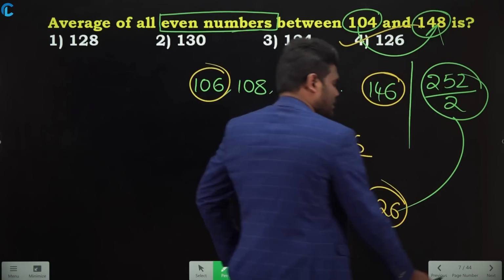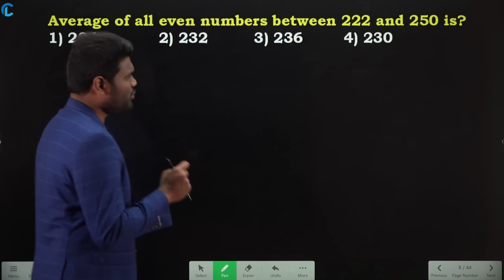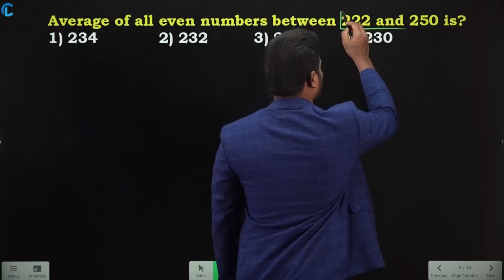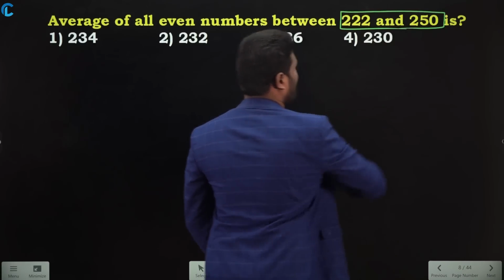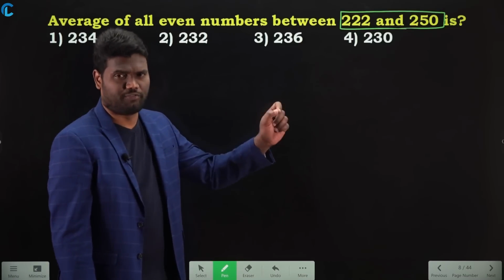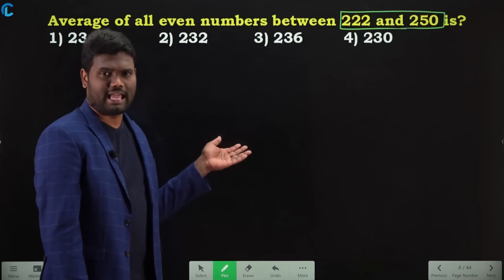Okay. Let us look at the next question. Average of all even numbers between 222 and 250 is. So we are asked to calculate the average of all even numbers between 222 and 250. This is exactly similar to the question we have discussed earlier.